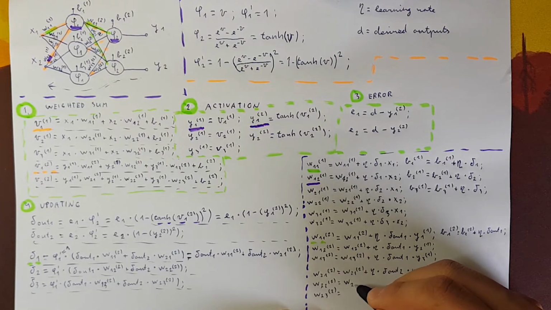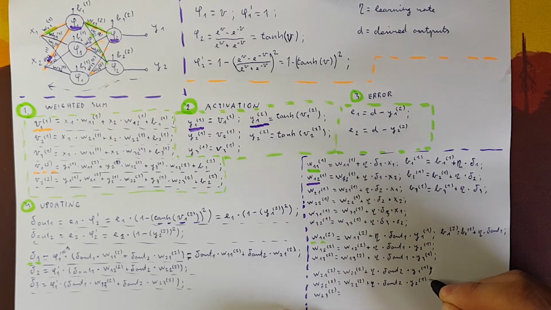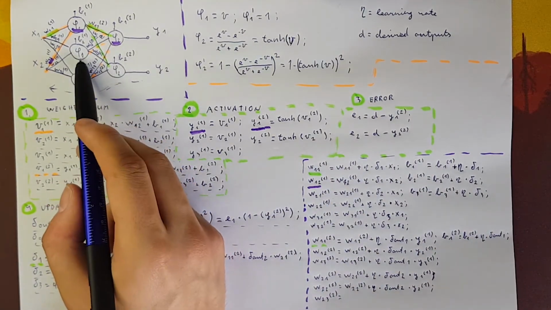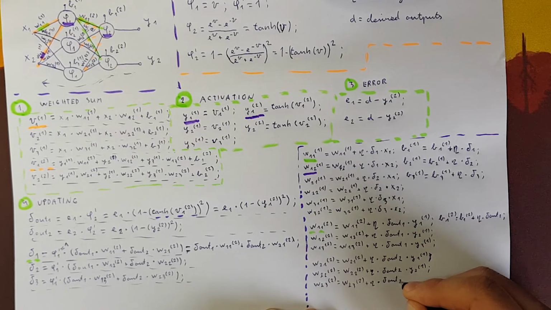So for W2,2 of the second layer, we add learning rate multiplied by delta out of the second neuron of the second layer, and multiplied by y2 of the first layer, because this weight is connected to the second neuron. And W2,3 of the second layer, we add a learning rate multiplied by delta out 2, and multiplied by y3 of the first layer.